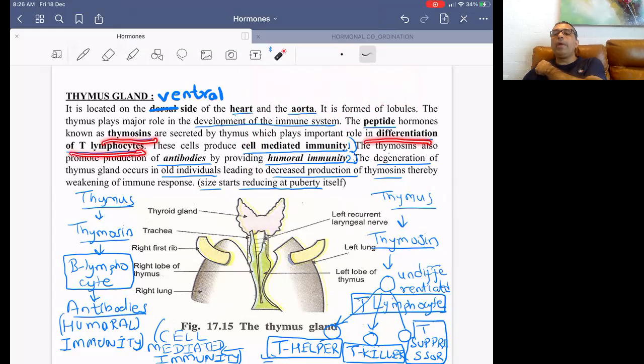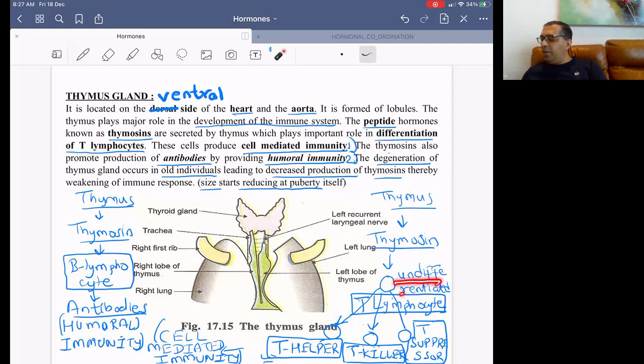T lymphocytes are made in your bone marrow, and when they are made in bone marrow, they are immature undifferentiated T lymphocytes. Undifferentiated immature T lymphocytes produced in bone marrow go in the blood, and by blood go to your thymus gland. And in the thymus gland, the hormone called thymosin will cause differentiation of T lymphocytes.